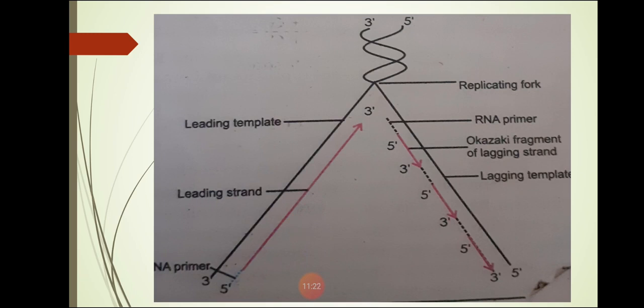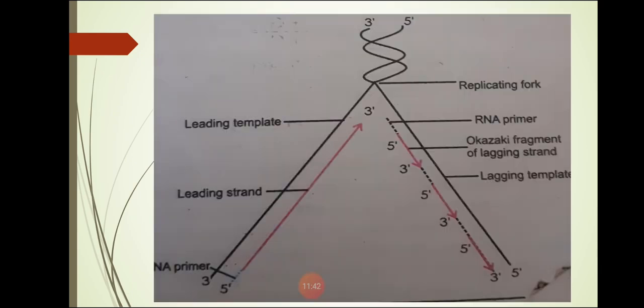Then the strand which has a free 5' end is known as the lagging template, and the newly synthesized strand is known as the lagging strand, but this lagging strand is discontinuous and it is formed in fragments.